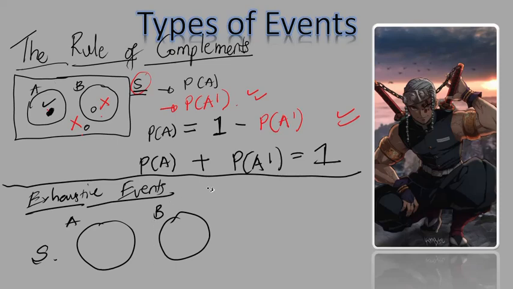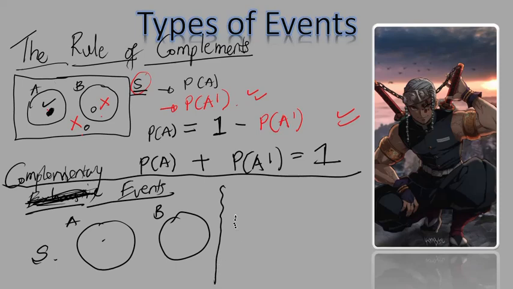I'm saying in this situation, let's call this complementary events per se. Exhaustive events that are mutually exclusive. In this situation, there's no rest of the sample space. Either something is in A or it's in B, and it's disjoint.